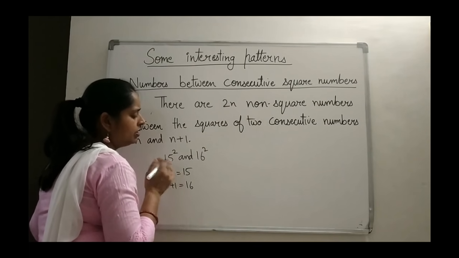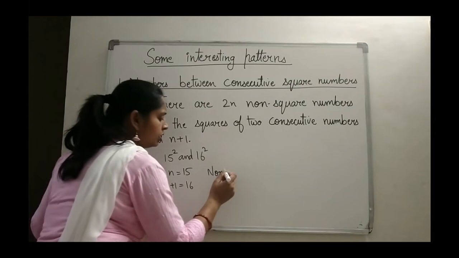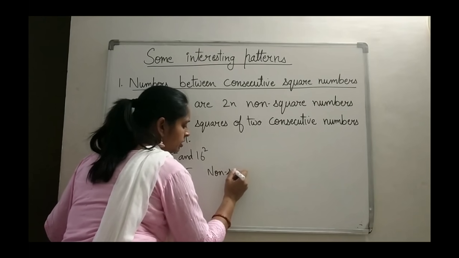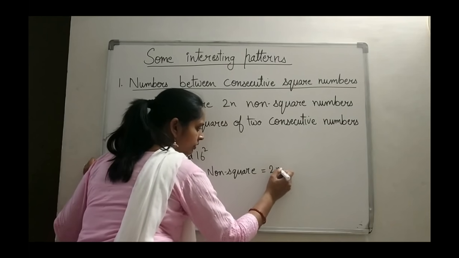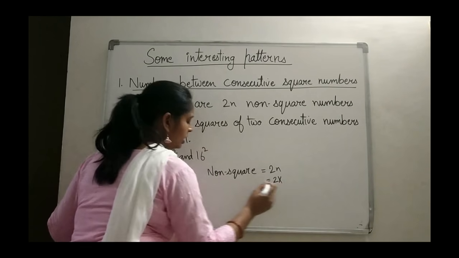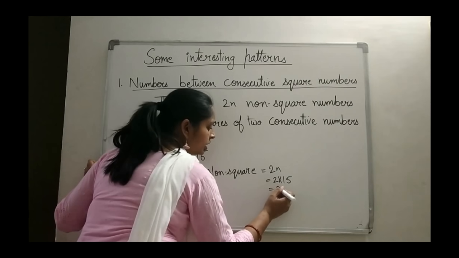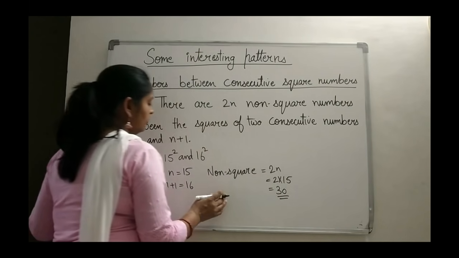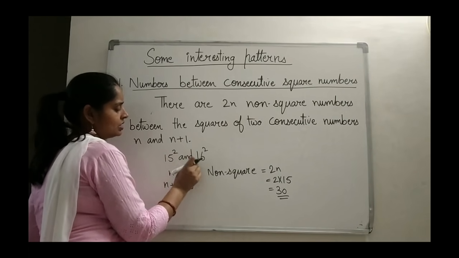Directly you can find that it will be equal to 2n. Here n is 15, so 30 non-square numbers will be there between 15 square and 16 square.